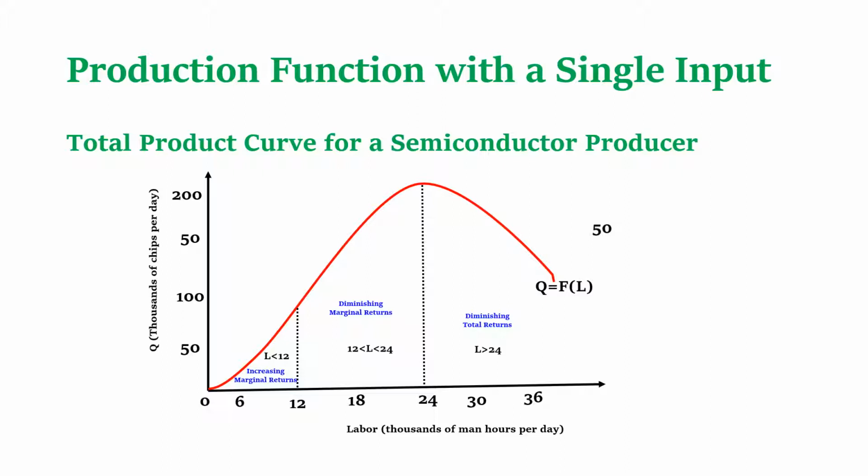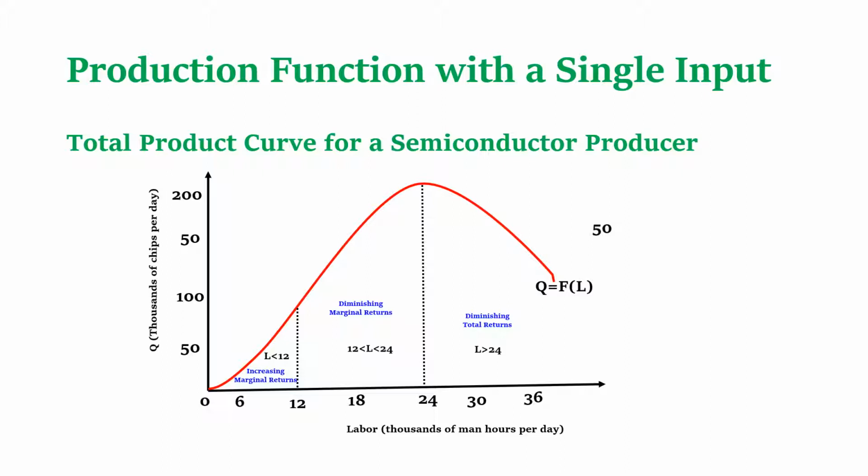So in this particular case, we say that diminishing total returns to labor are setting in. Diminishing total returns to labor has set in because output is decreasing as more labor is employed.